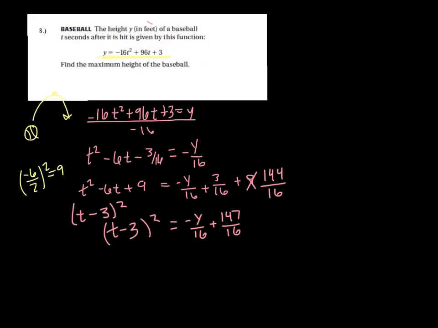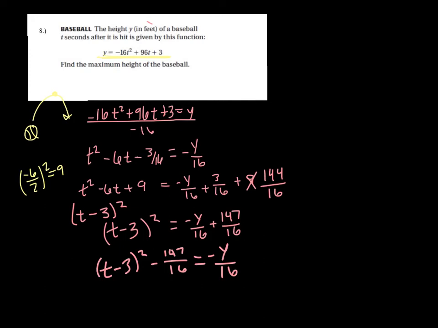So I'm going to make this t minus 3 squared, subtract my 147 over, and now I have negative y over 16 just on that right-hand side. So when we're talking about fractions, if there's a fraction out in front, we want to get rid of it. We just sort of multiply by the reciprocal because that equals 1.